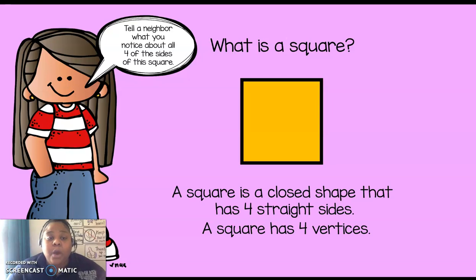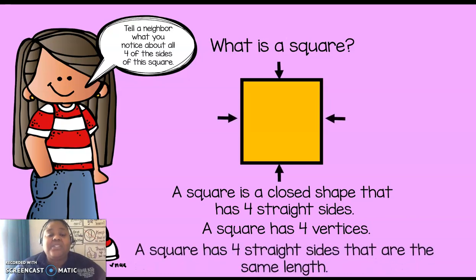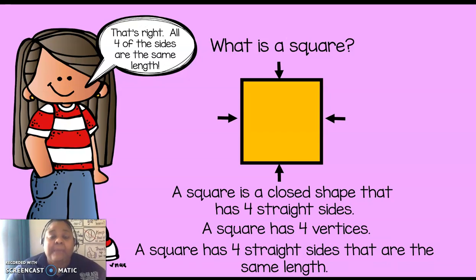Tell a neighbor what you notice about all 4 of the sides of our square. A square has 4 straight sides that are the same length. That's right. All 4 of the sides are the same length.